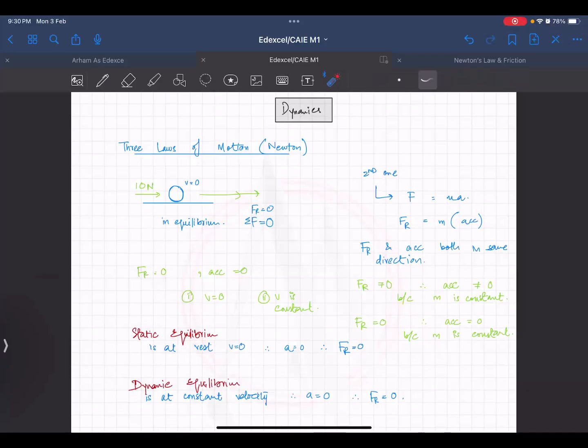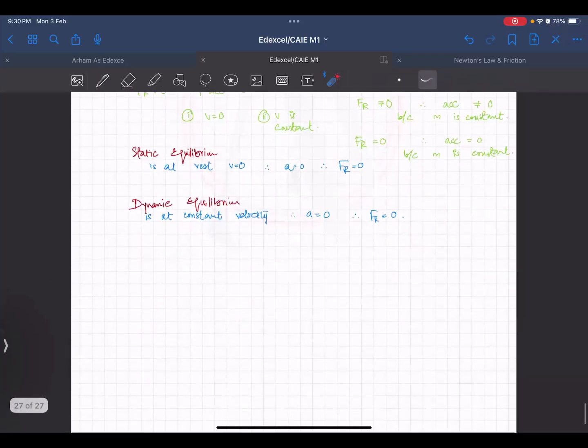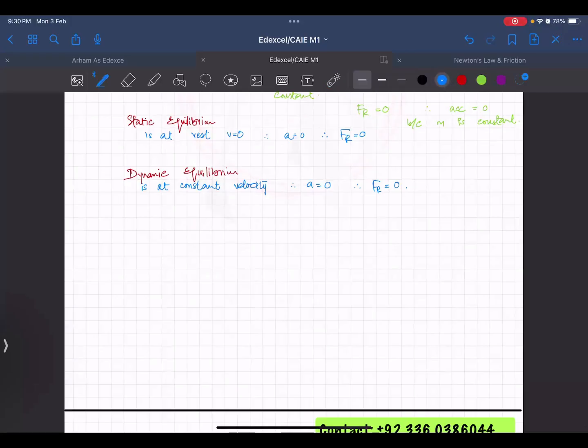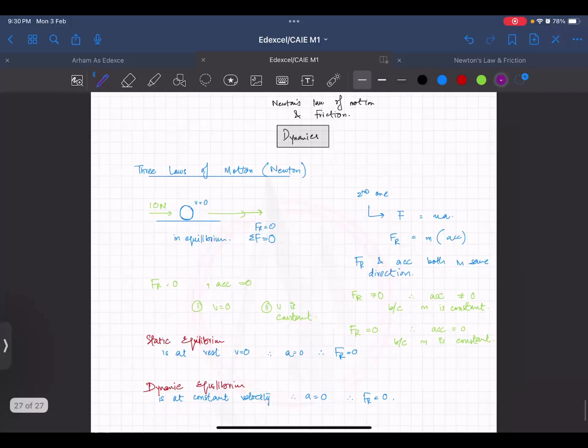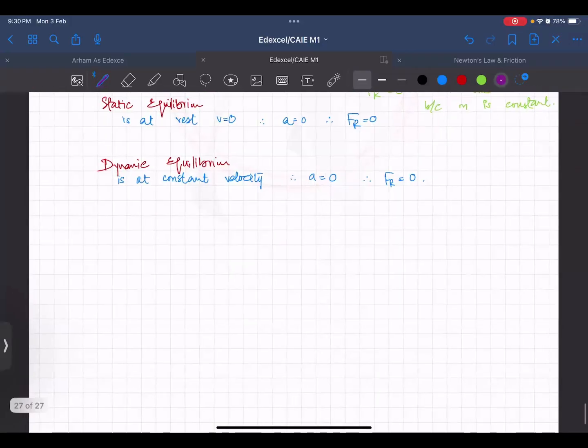Okay, so this is one of the few things. Static equilibrium, dynamic equilibrium, now we know about this. Whenever resultant force is zero, or there is equilibrium, the sum of forces would be zero.